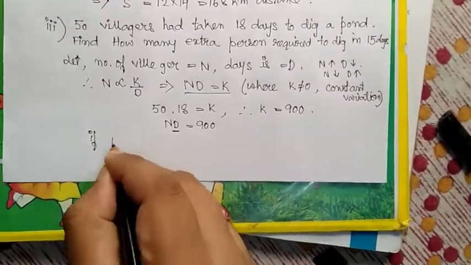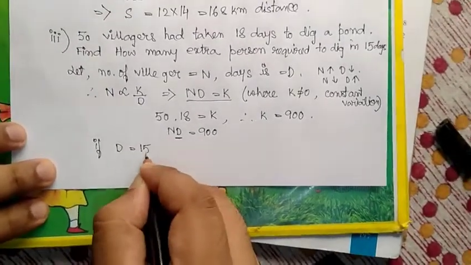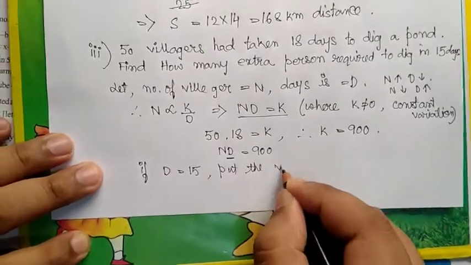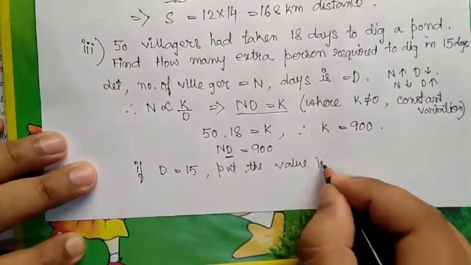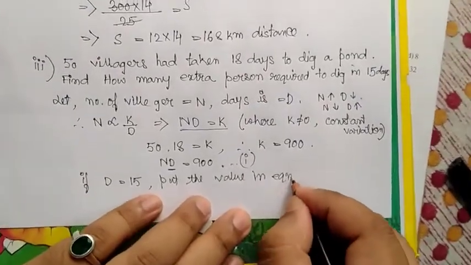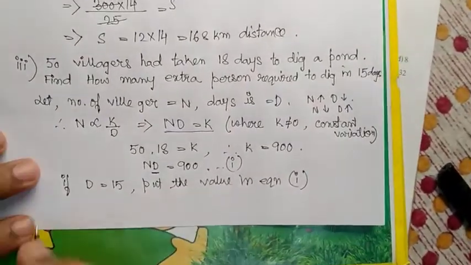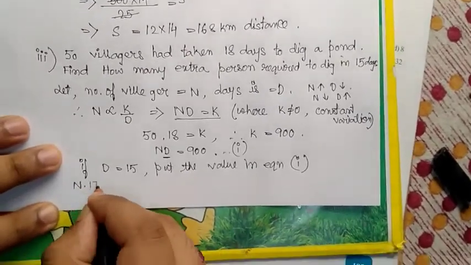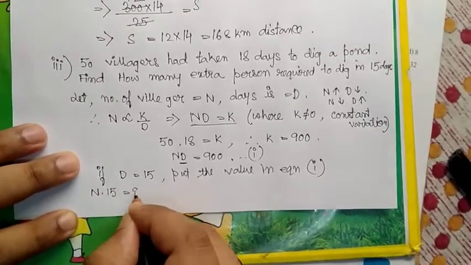If d equal to 15 and put the value in equation 1, we get n into 15 equal to 900.